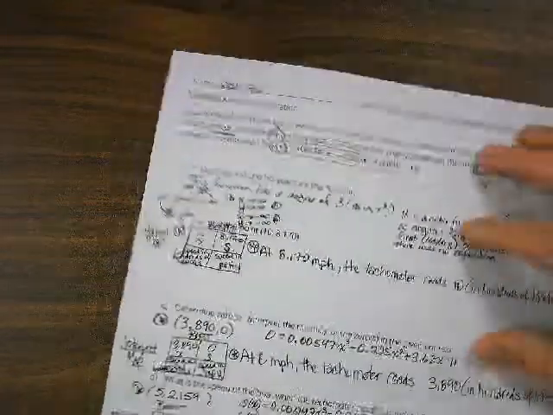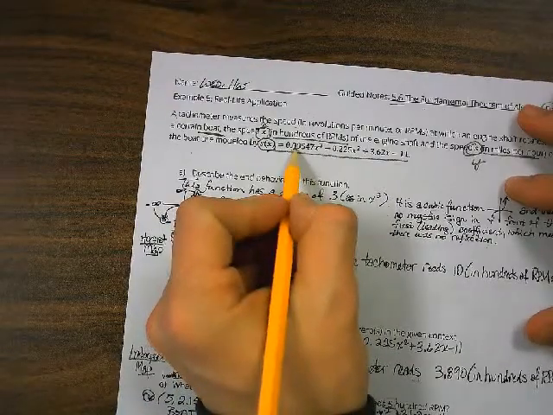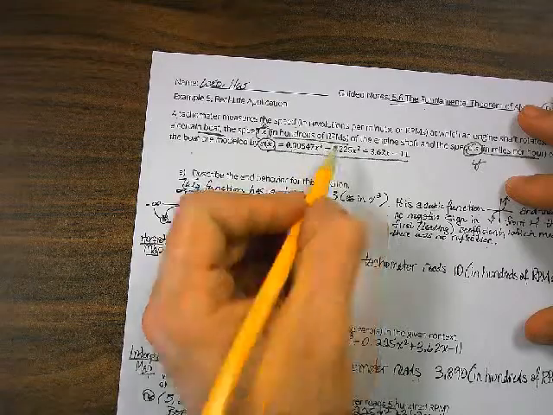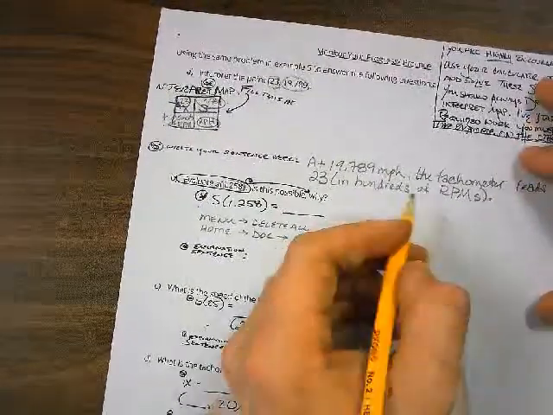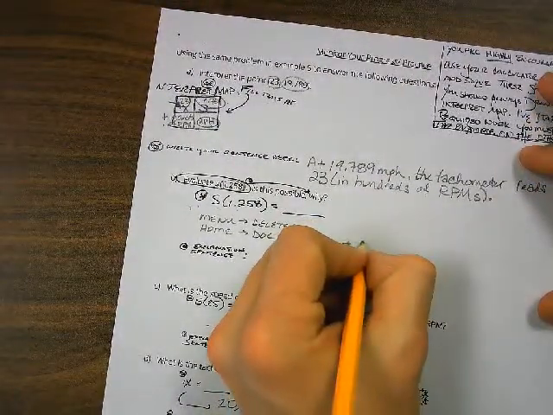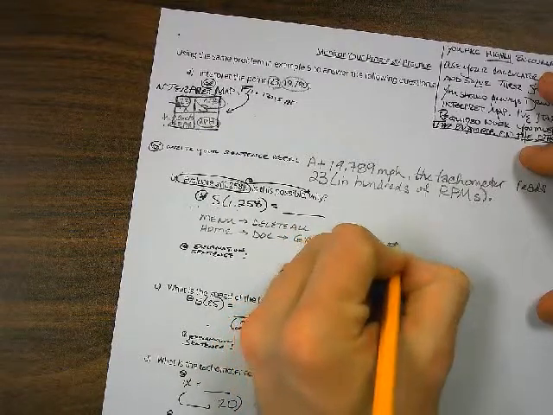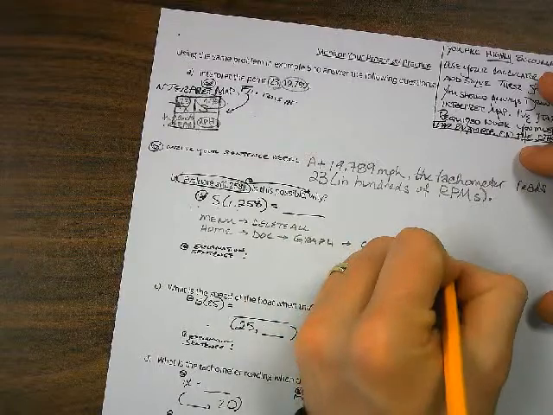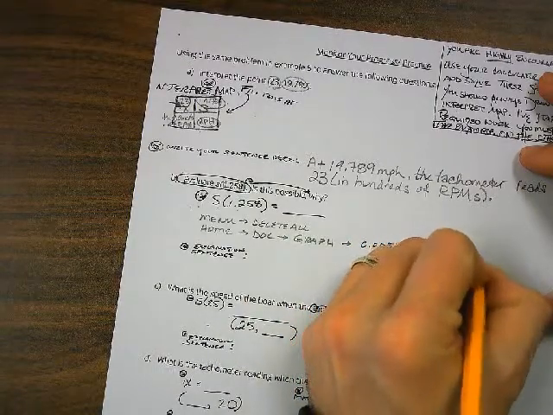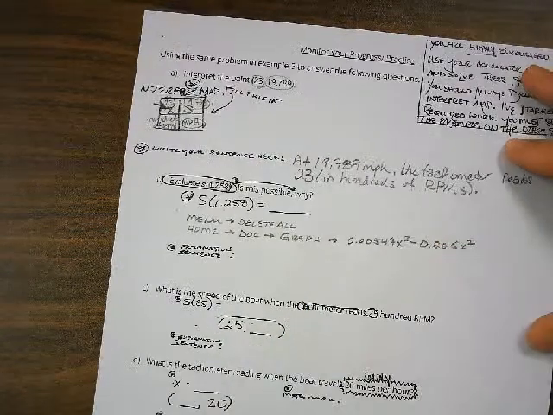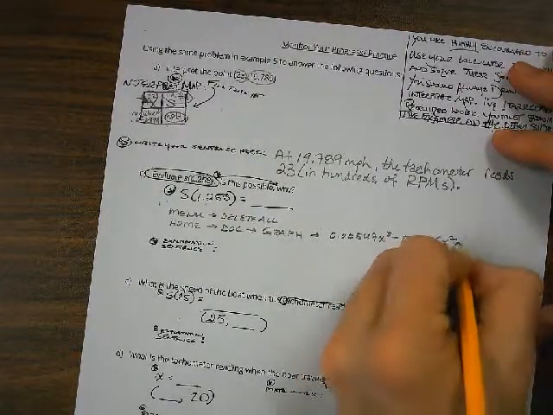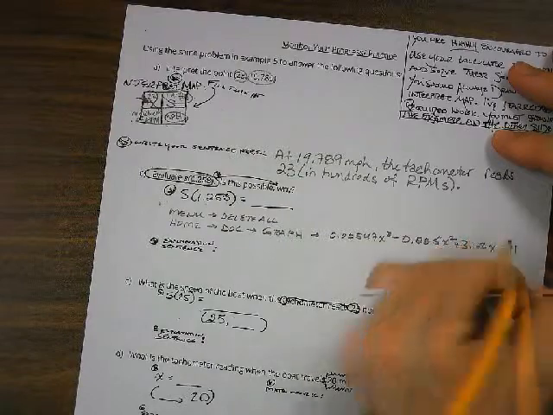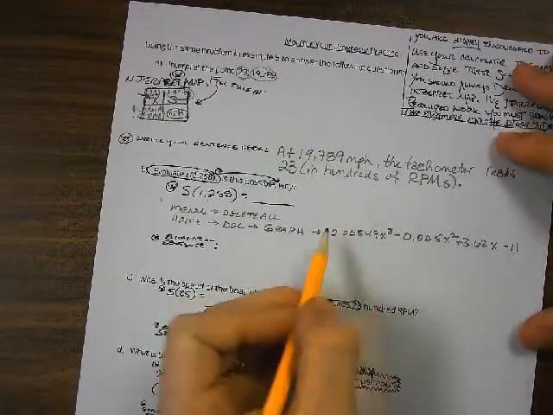Hopefully you'll only have to do it once. So you type in 0.00547 x cubed, negative 0.225 x squared, plus 3.62 x, and then minus 11. You hit enter, and then your graph pops up, right?